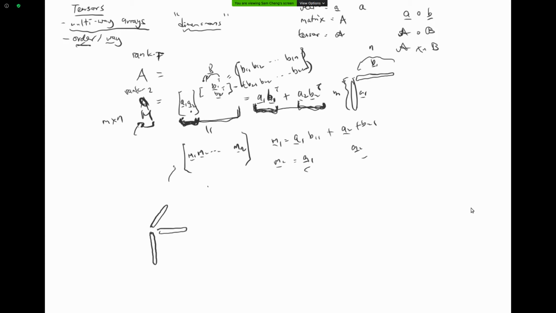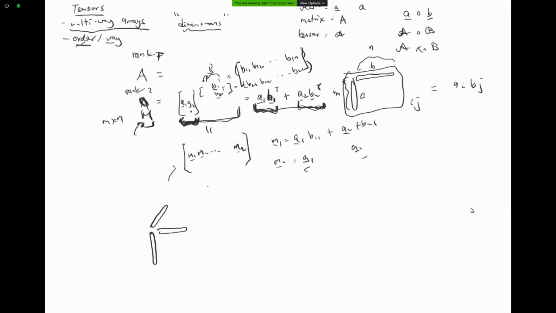The product here, a column vector multiplied by a row vector in the matrix form, is essentially an outer product. So if I consider this multiplication, the ij element is just a1i and b1j. Let's simply call them a and b: the ij element of this multiplication is just ai bj.